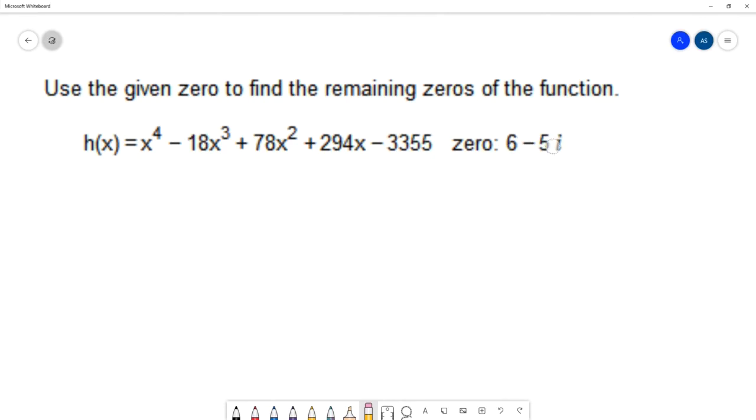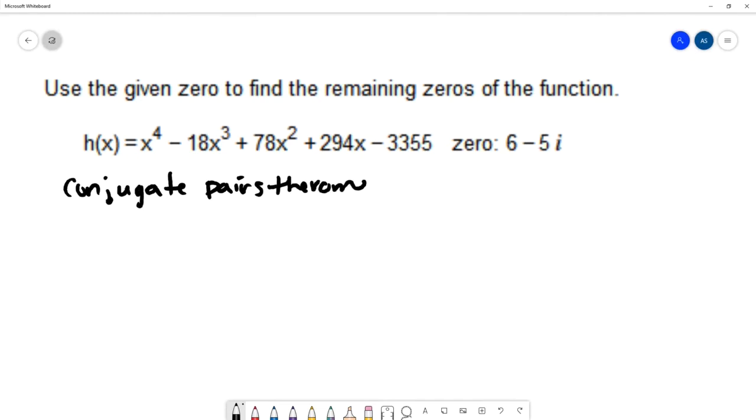And there's a theorem called the conjugate pairs theorem. The conjugate pairs theorem deals with polynomial functions with real coefficients.